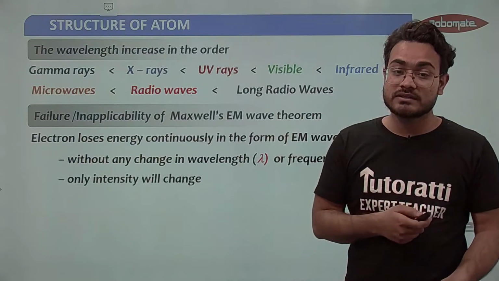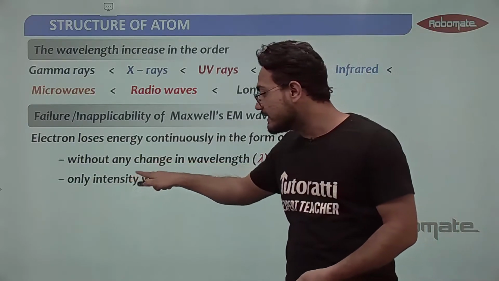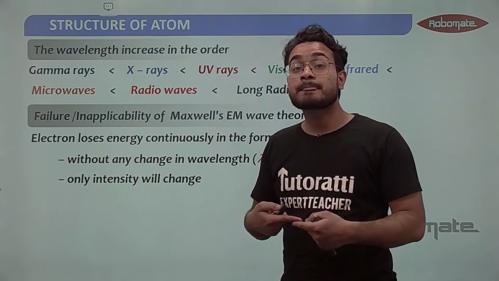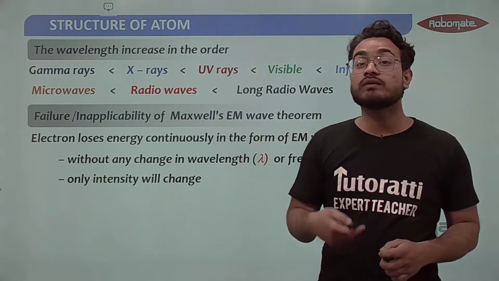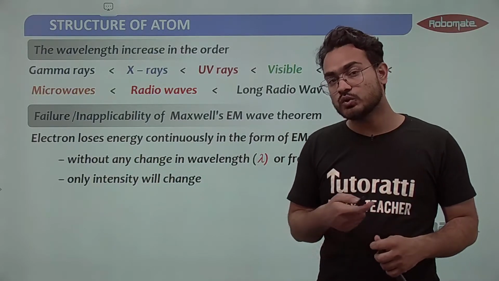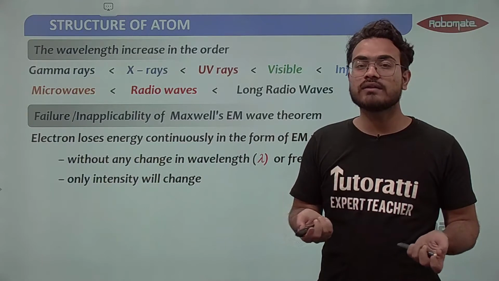The other thing is that Maxwell told us that only the intensity of the light will change. How can this happen?